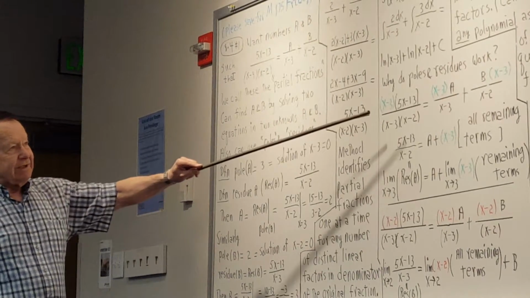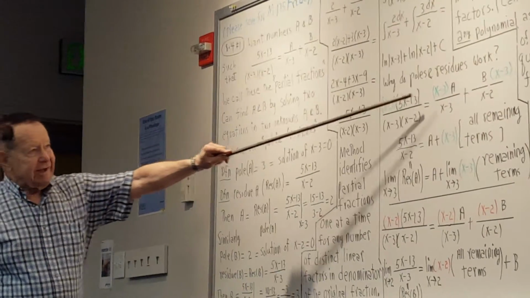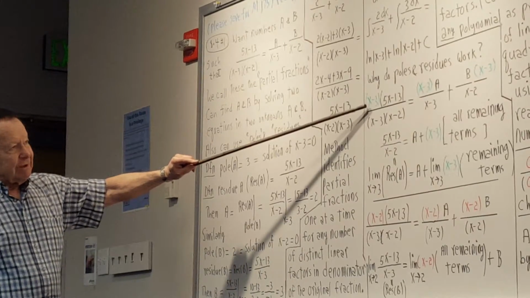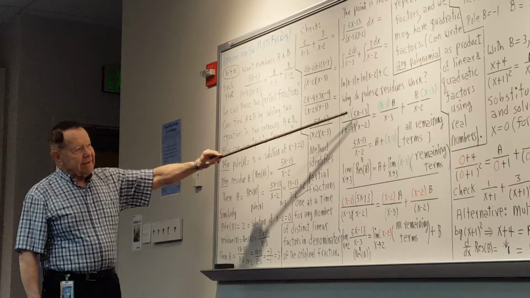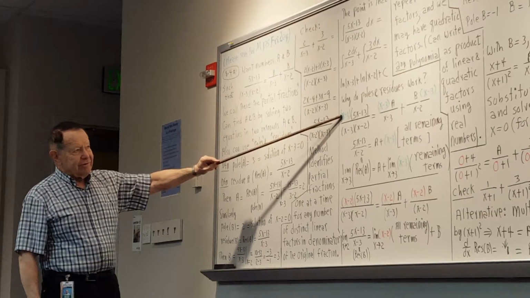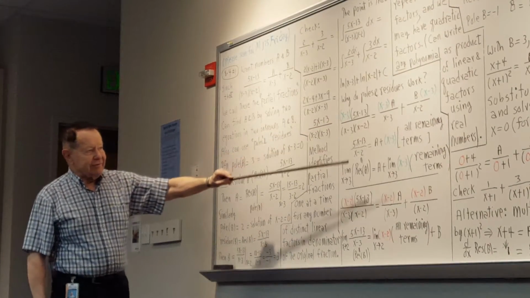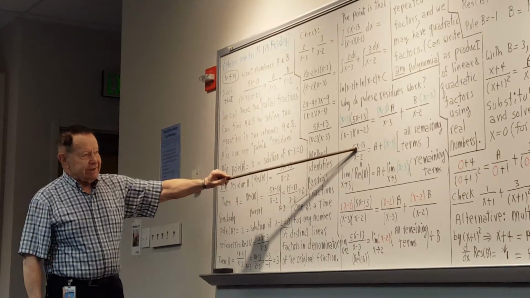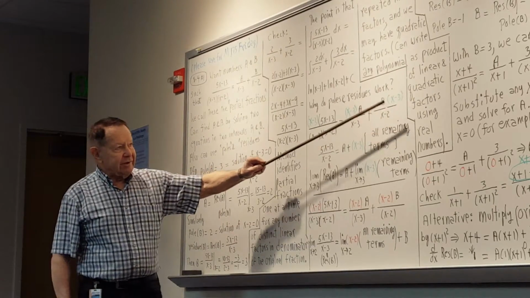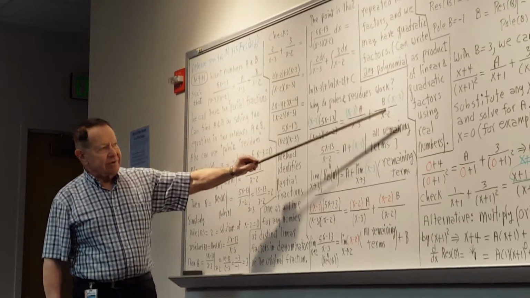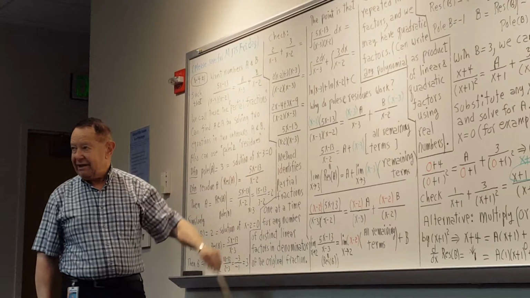And so the residue, if you're trying to get A, is what's left of this fraction, the original, after you've multiplied through by the denominator of A. So this is the residue, and it equals A plus the residue times all the remaining terms over here, no matter how many there might be.